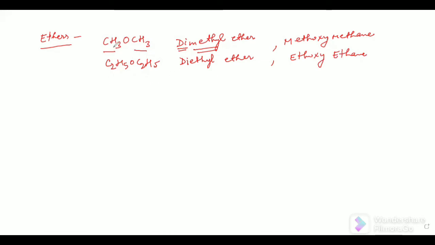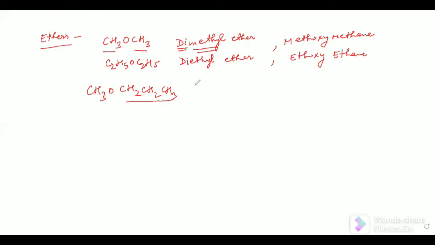In these examples, both alkyl groups are the same on both sides of oxygen. Now, if two different groups are there, like in this example I am taking, what we have to do is take the larger group as the parent hydrocarbon. There are 3 carbons on this side, and there is only 1 carbon on the other.